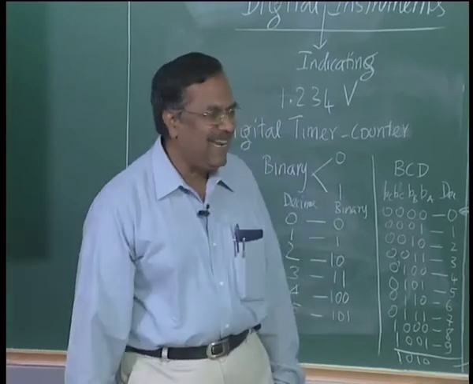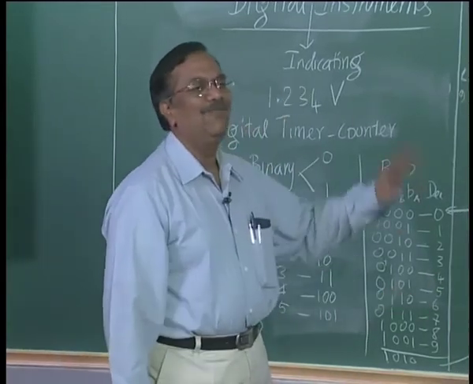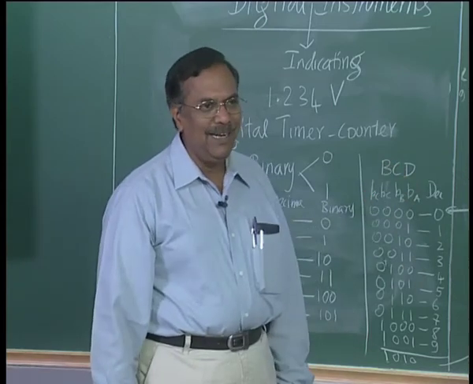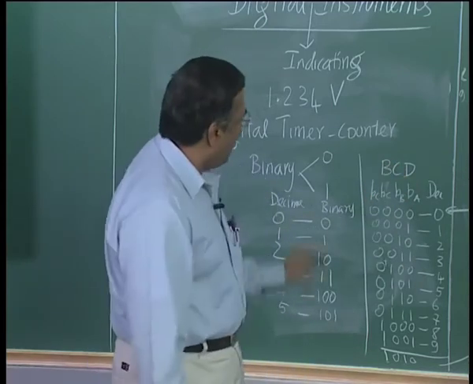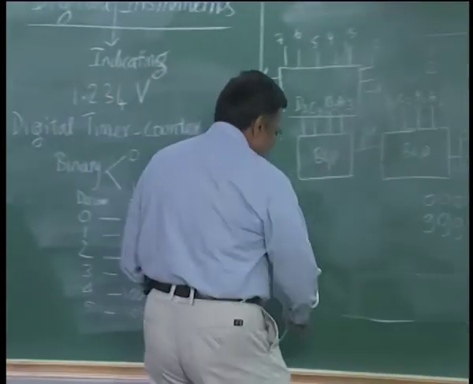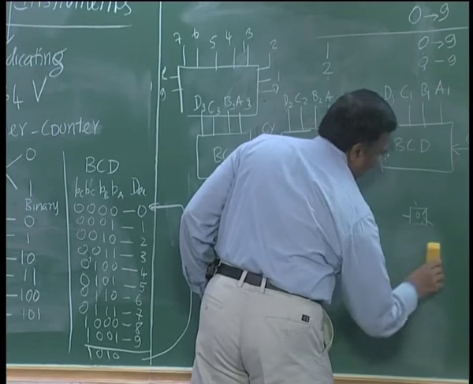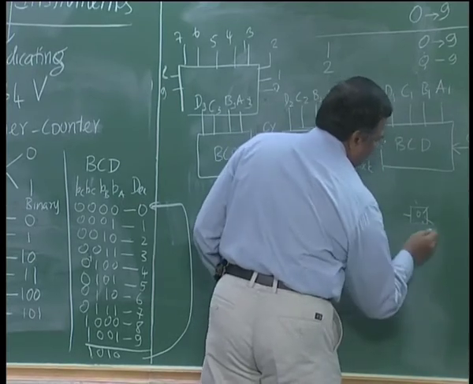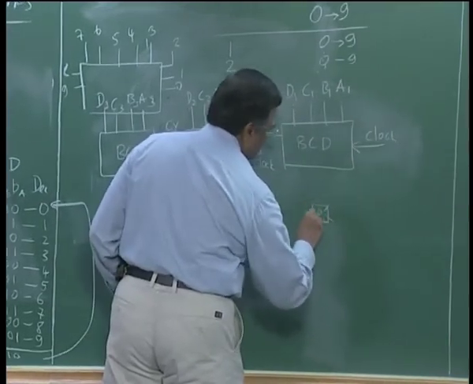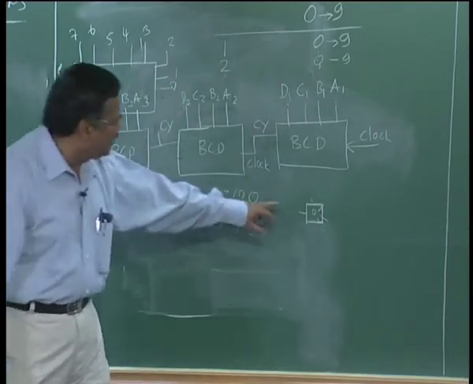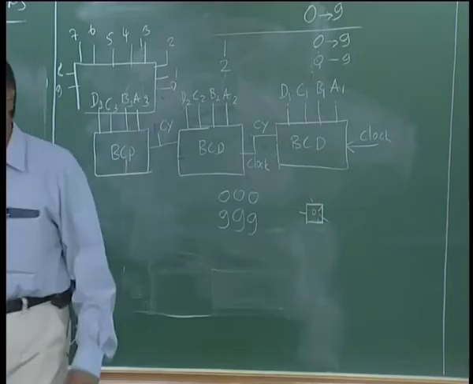Then people decided this looks awkward, right, one has to really look at where the display is glowing. It would be nice if the same portion, instead of having different portions for different digits, displays 0, 1, 2, 3, 4, 5, 6, 7, 8, 9.